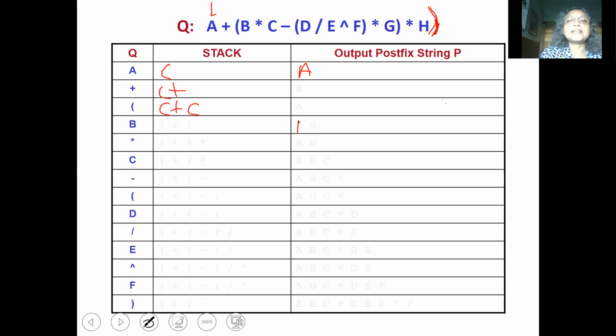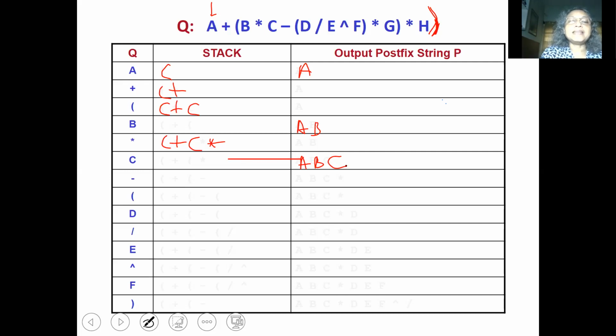So B will be added to P. I'm just skipping when the stack remains the same. So P will now become AB. The stack will remain the same. Then we get a star. Star will be added to the stack. So this is the stack. Then we get a C. C will be added to P. Then we get a minus.